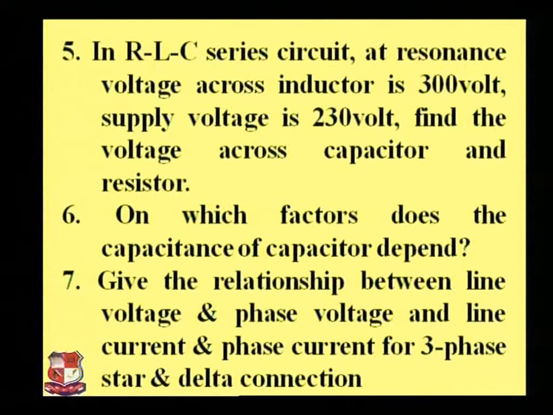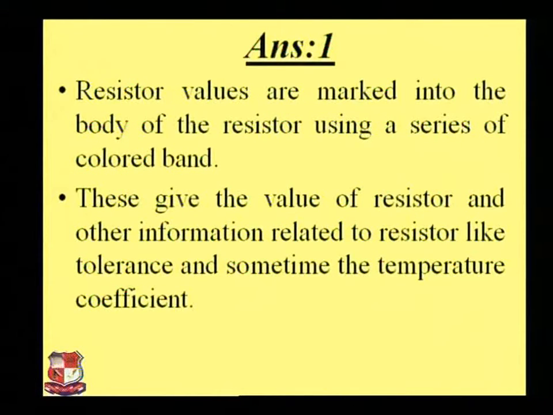So now let us solve the questions one by one, starting with question number 1, color code of the resistor. Resistor values are marked on the body of the resistor using a series of colored bands. All the resistors you see are marked with certain colors.